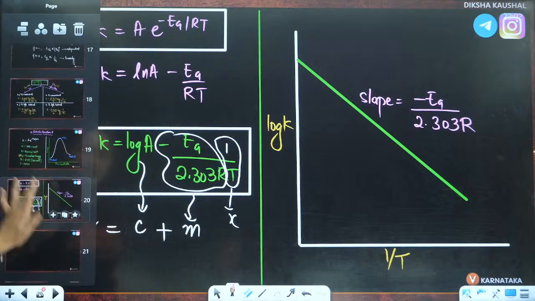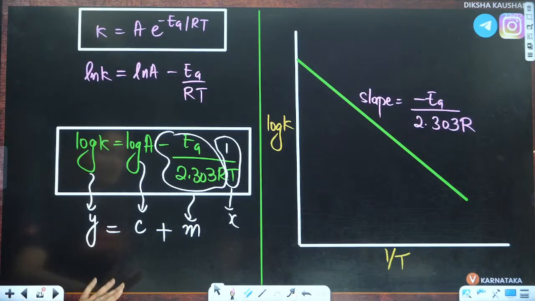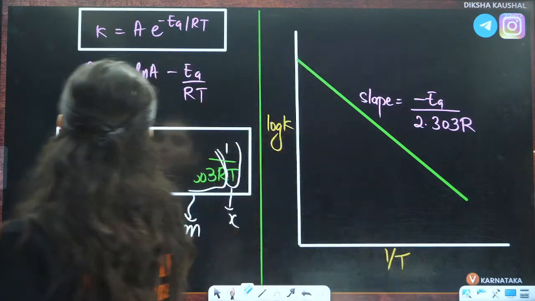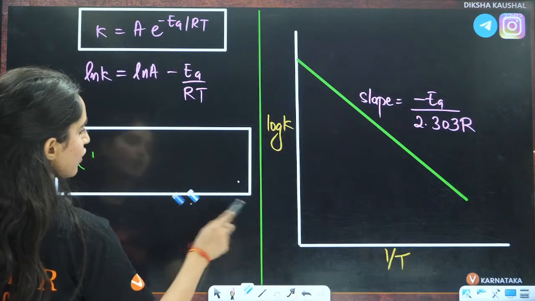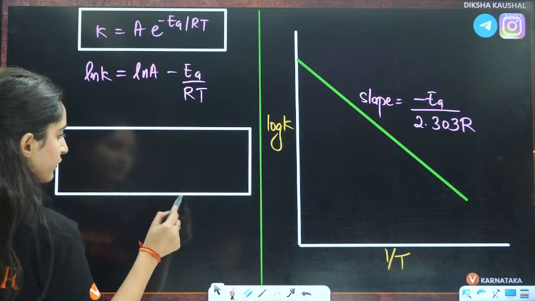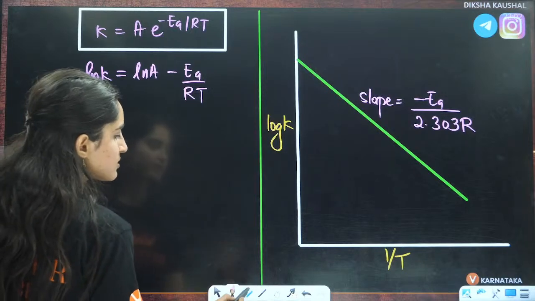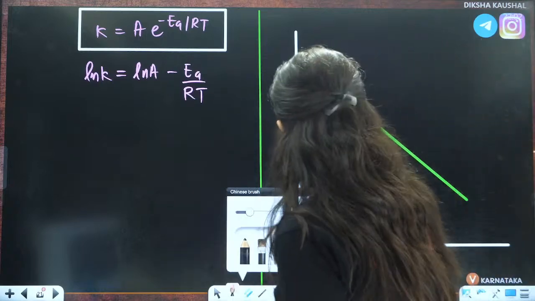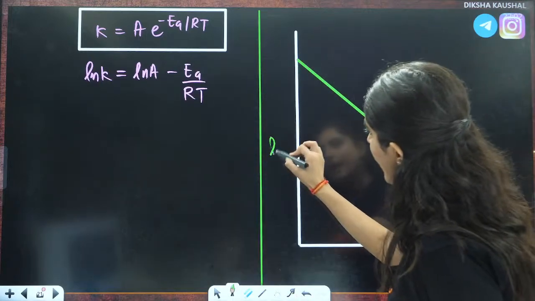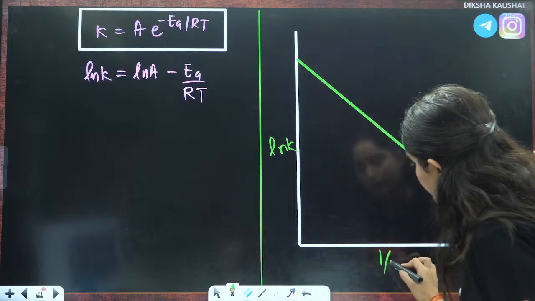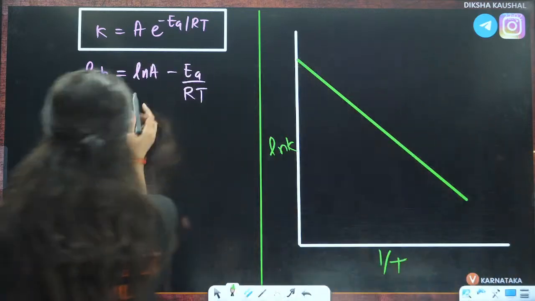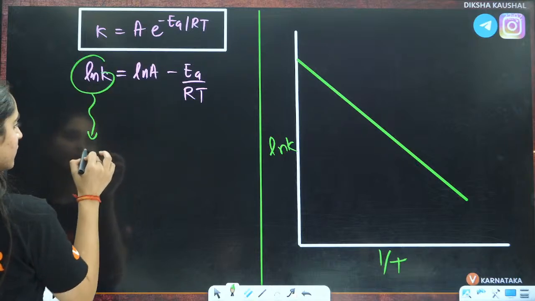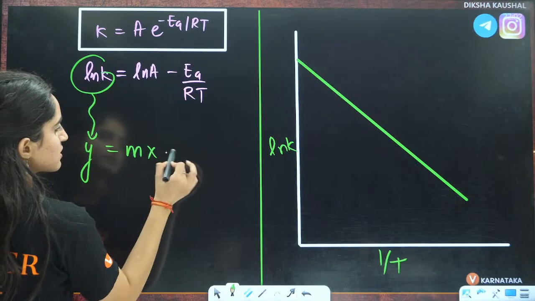In the same way, they can even ask you what the graph of ln k and 1 by T is. Simple. You convert it; this is your y equals mx plus c.